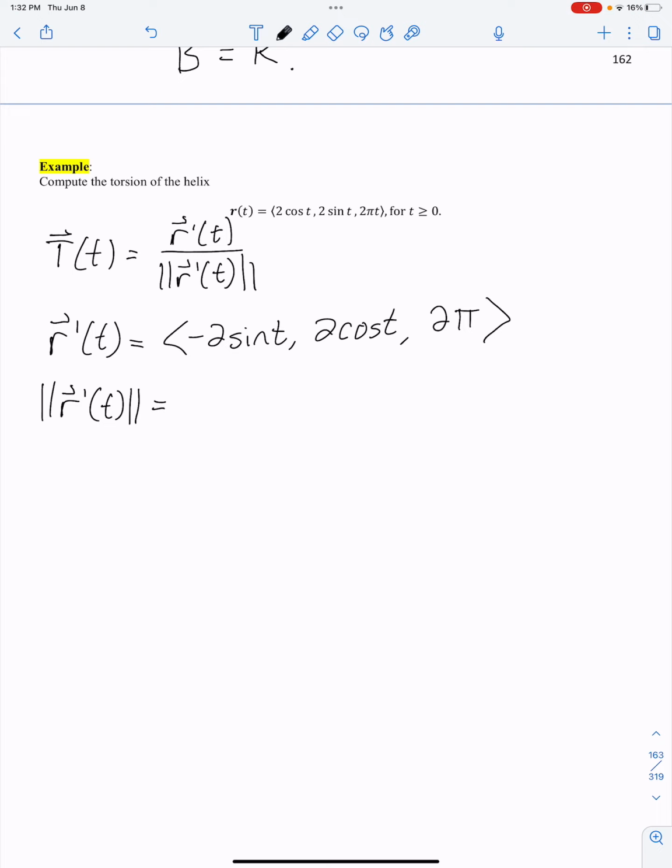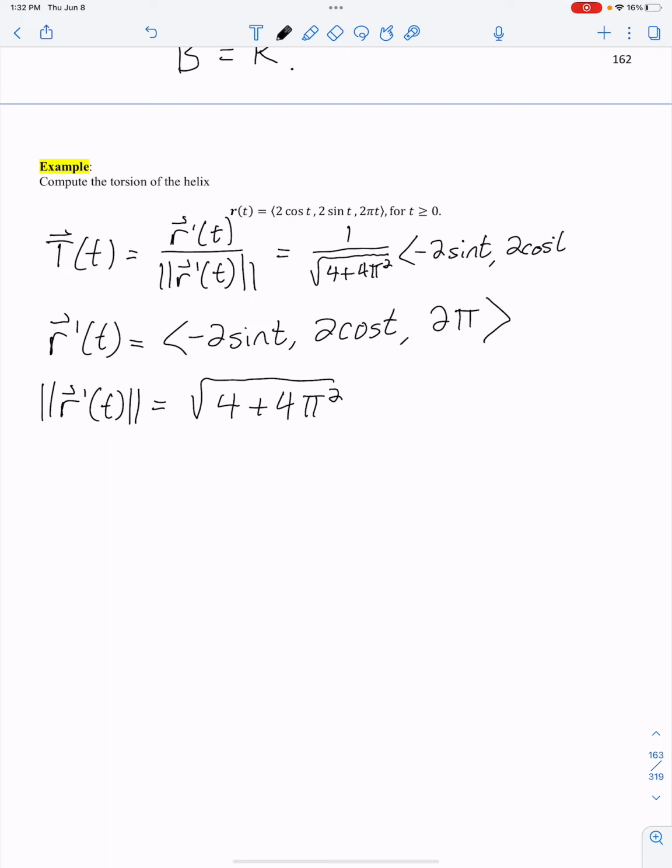We can factor out a 4, so I got 4 times the square root of 4 plus 4 pi squared. Not the prettiest thing in the world, but we could still do it. I got 1 over that thing. Okay, so that's T.